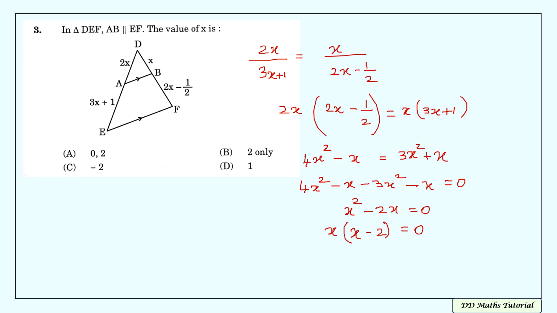So we'll have two roots for this equation, which is x is equal to 0 as well as x is equal to 2. But look at the triangle. x is a part of the side of the triangle, which cannot be equal to 0. So we will be eliminating this option and we will be having the answer as x is equal to 2 only. So it is option B, 2 only.